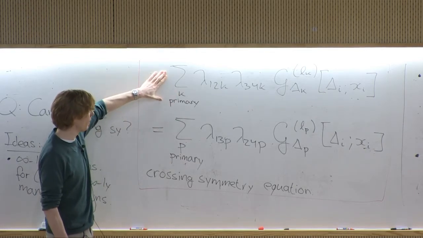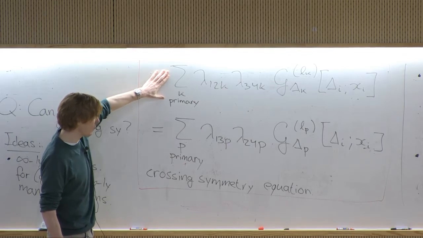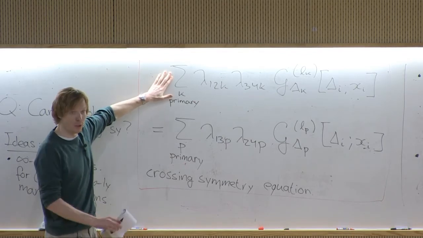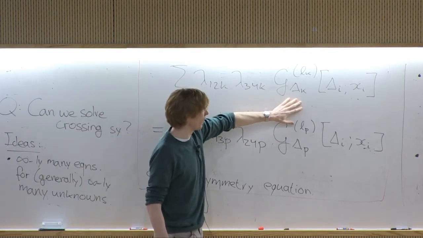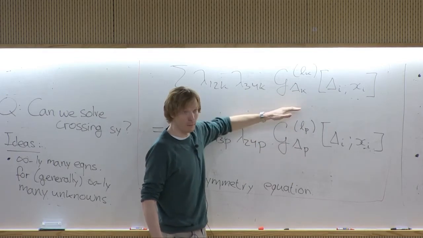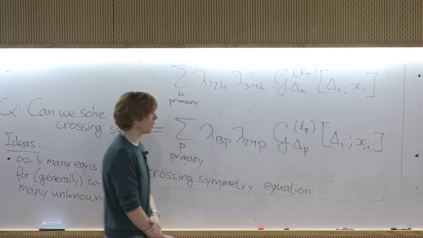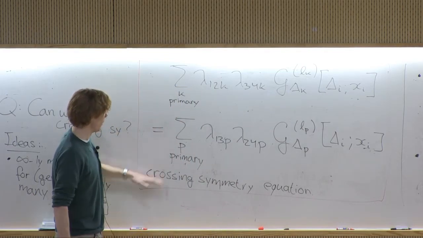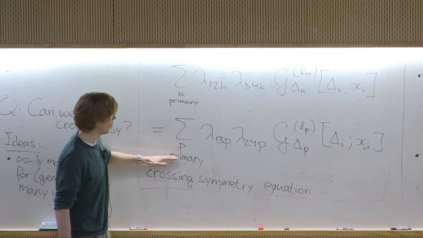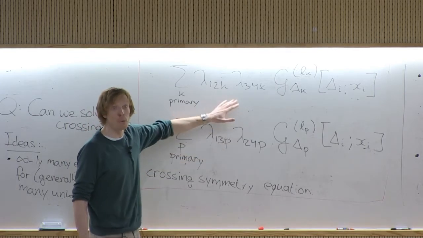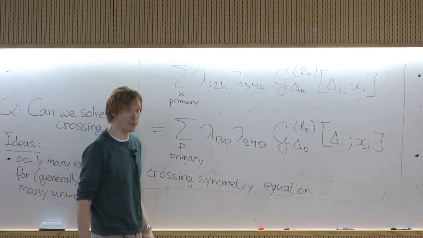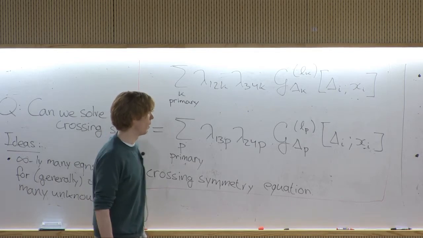Obviously, you can show relatively easily that with finitely many blocks you will never, in general, be able to solve these equations exactly. But you can try to find an approximate solution to the crossing equations.